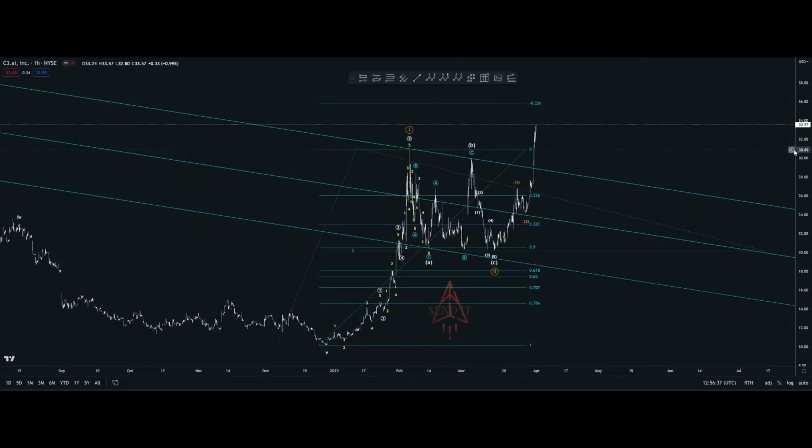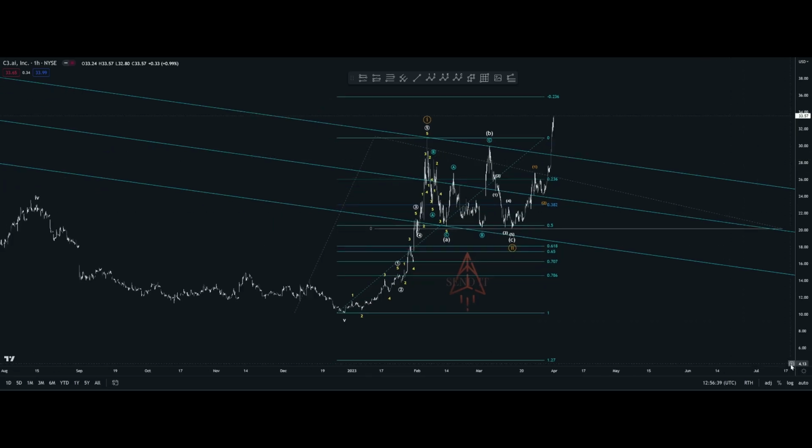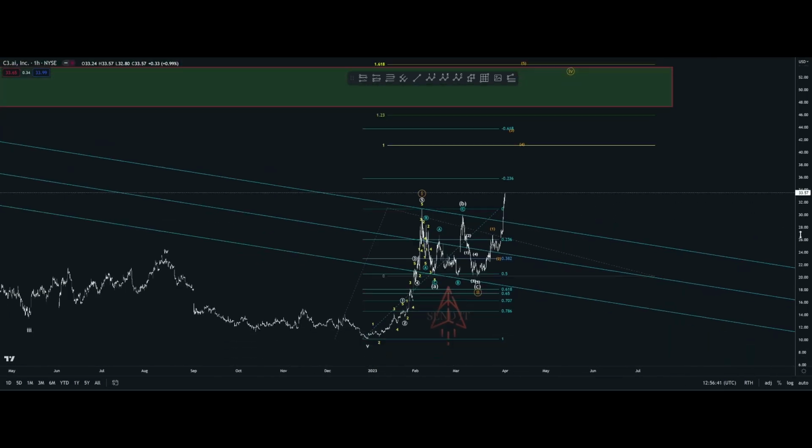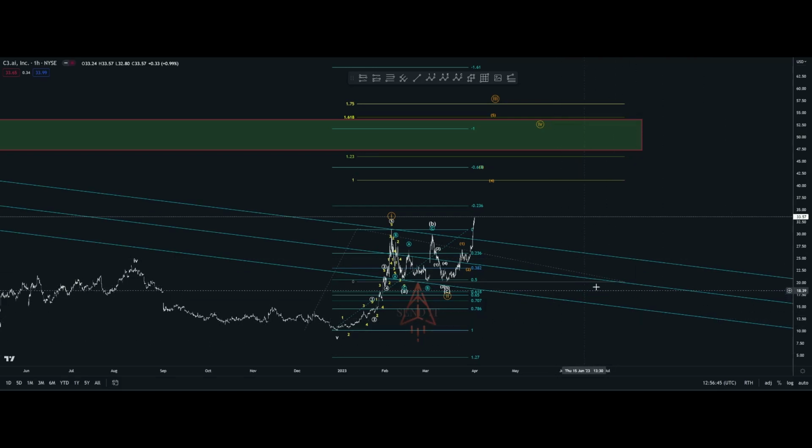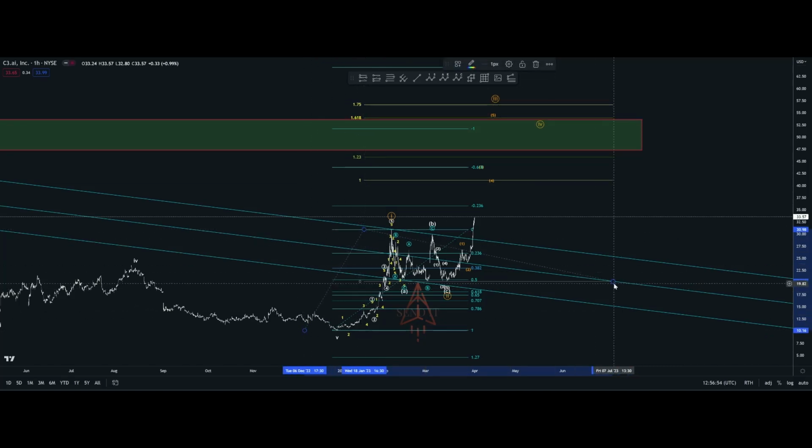Now let's check some targets. We use our price projection tool, anchor it at the origin of wave 1 in macro scale, to the top of it and to the bottom of wave 2, which is supposedly this.